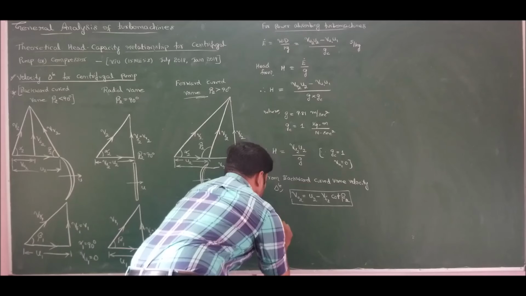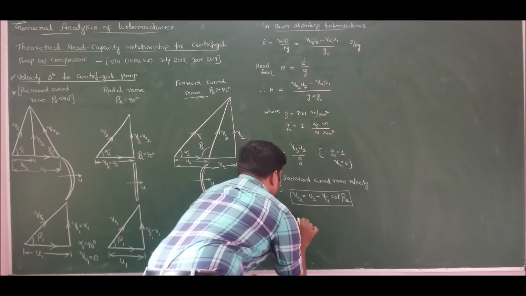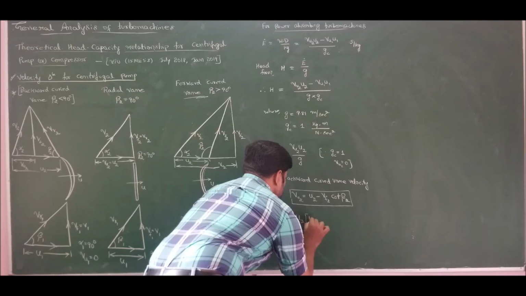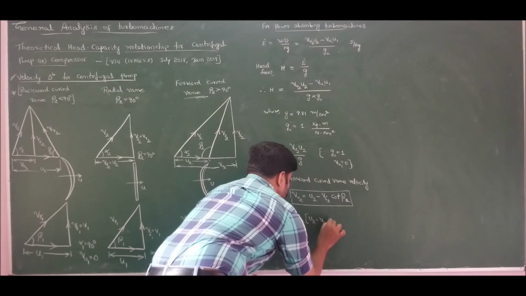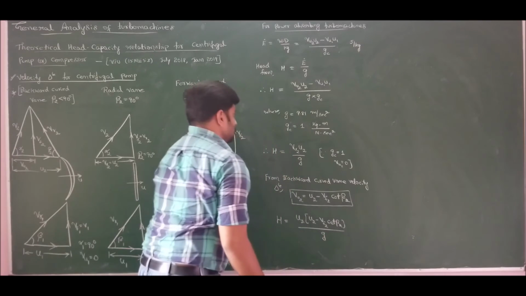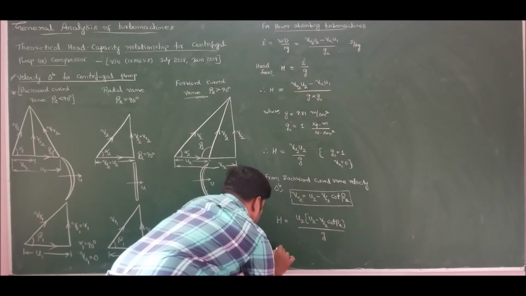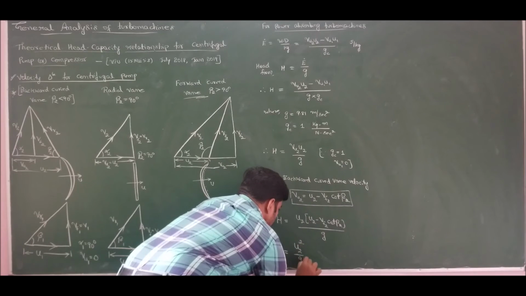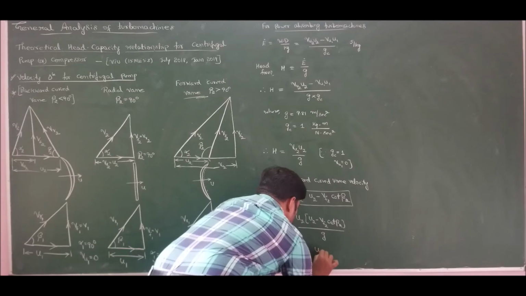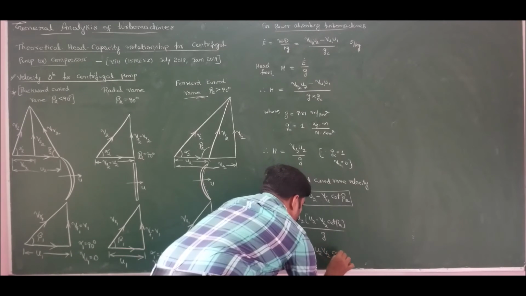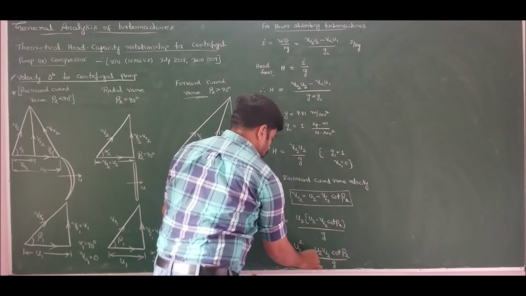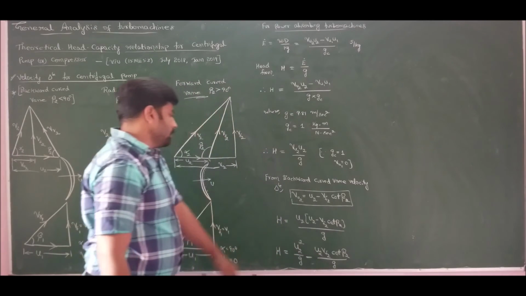So the head form will become U2 into (U2 minus VF2 cot beta 2) by g. Further simplification leads us to H is equal to U2 square by g minus U2 VF2 cot beta 2 by g. So we obtained the head form.